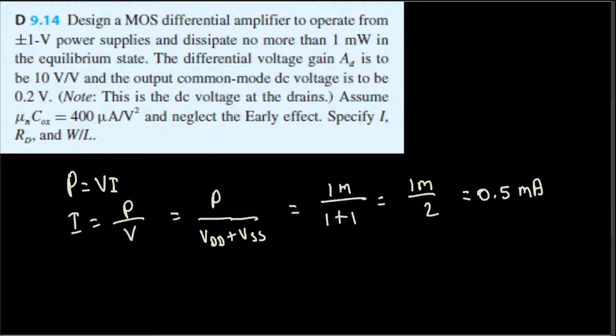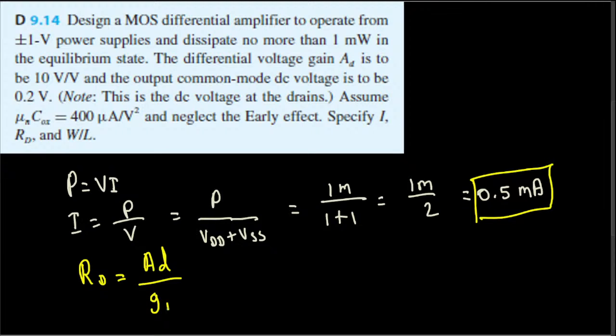Then they're asking us to find the RD value. That was our first answer, and now we have to find RD. To find RD, we need to know the gain and the transconductance gm. The gain is readily available, 10, but gm we don't know. To calculate gm, we can use this equation: gm is equal to 2 ID divided by V overdrive.